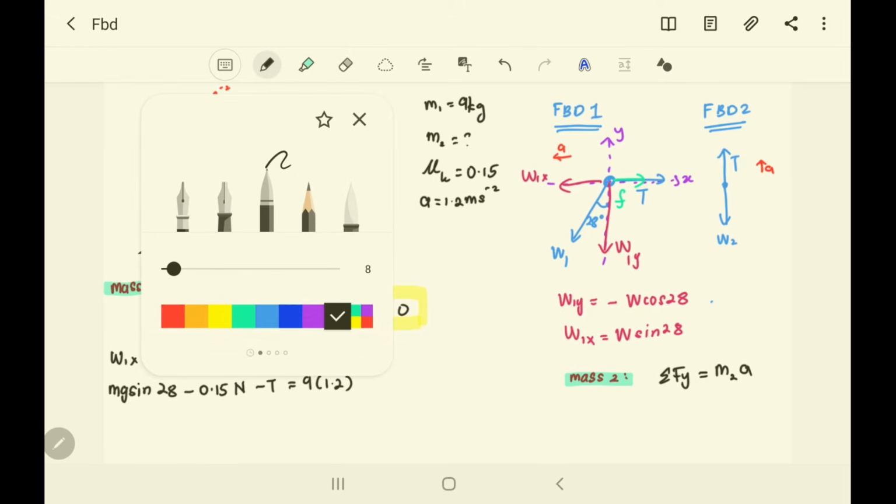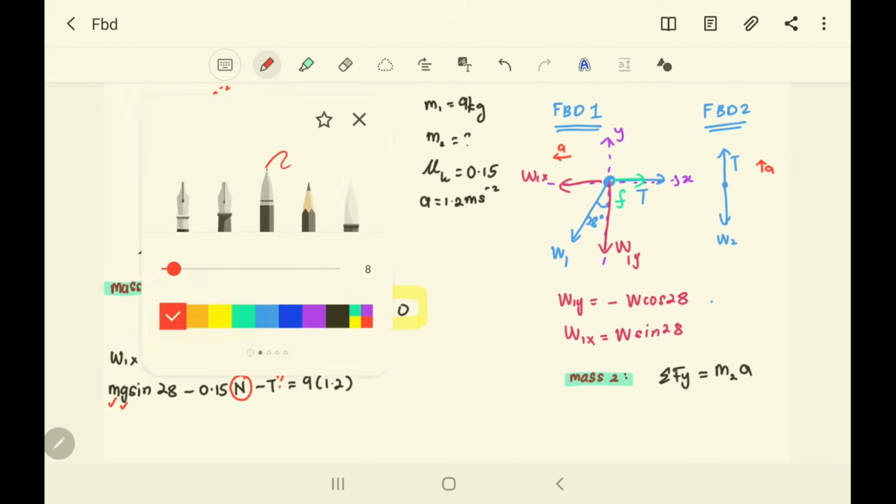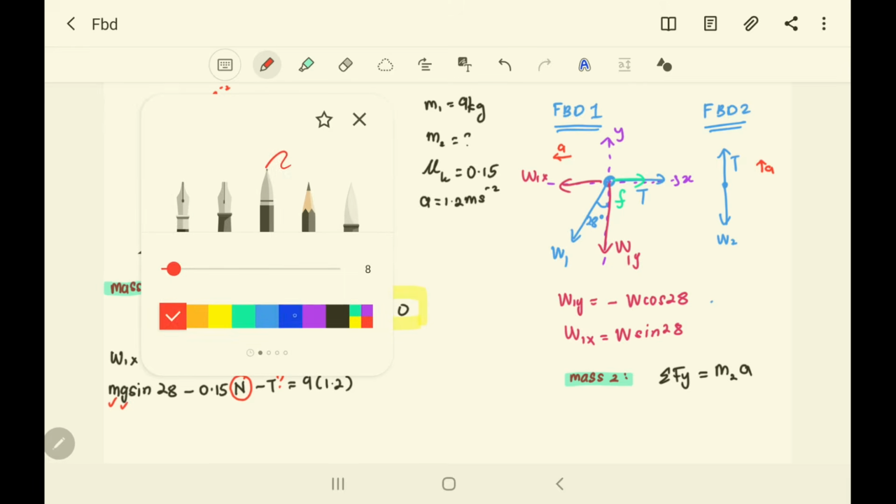We need to find the normal force from the y component because we need to substitute here. We don't have the normal force and we don't have the tension, because we want to find the tension here, and we have mg. The normal force is on the y component. Ni saya terlupa nak letak ni, so saya tambah.